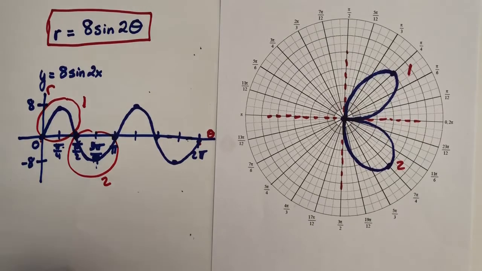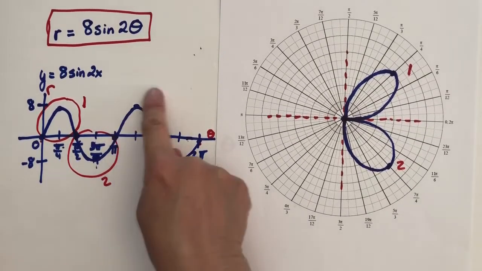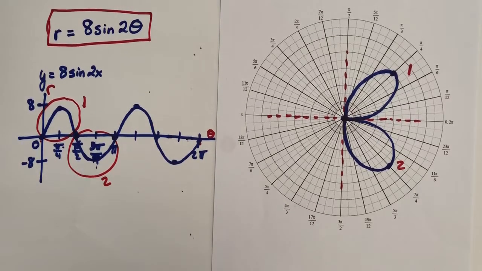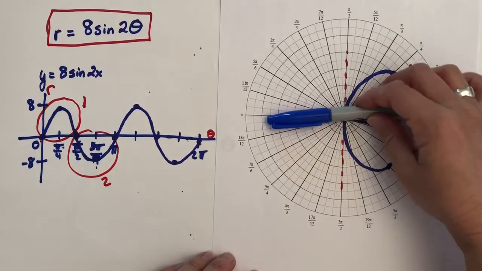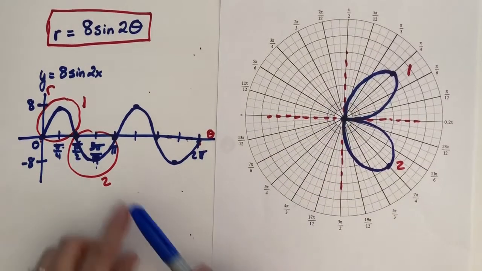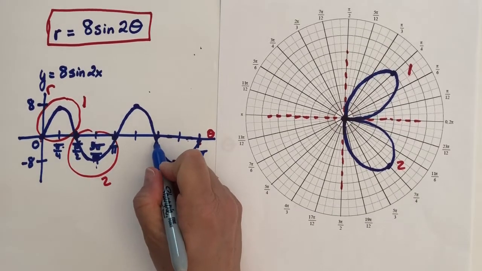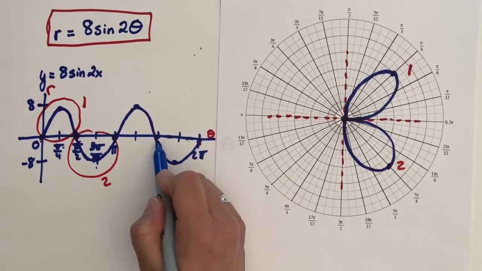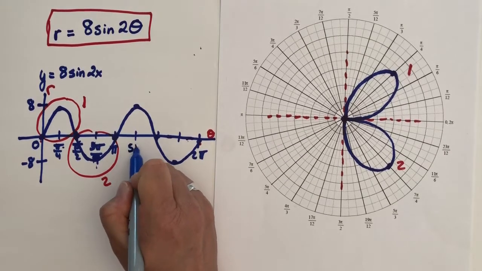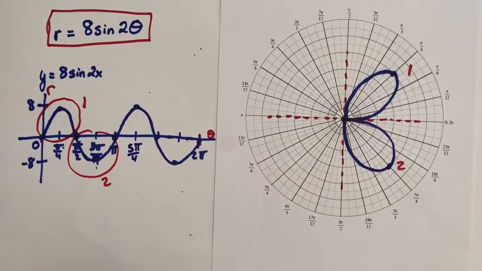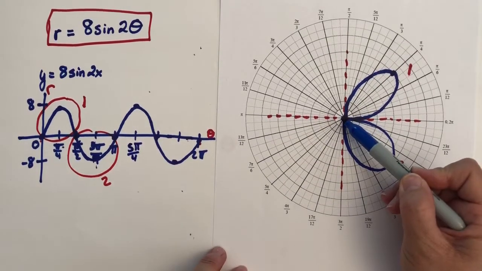Let's move on. Between pi and 3 pi over 2, our r values are positive. So from here to here, our r values are positive. Notice that this is 3 pi over 2 here, so this must be 5 pi over 4. So at 5 pi over 4, I will be out at 8.